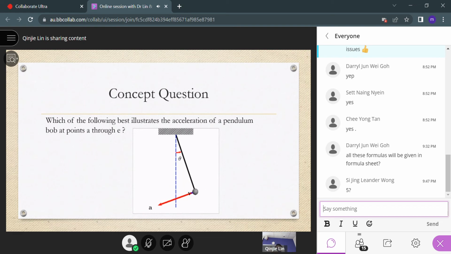For a pendulum hanging like this, right? It is not just moving in circular motion, it is also accelerating forward or slowing down forward in the tangential direction, depending on which point it is at. Okay, so if you take a look at the ends, right, it's either here or here.